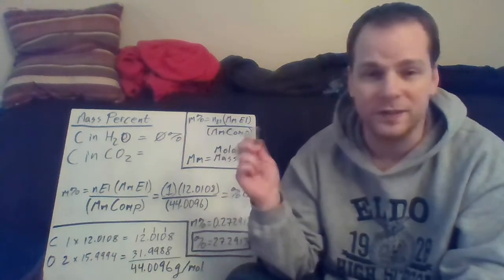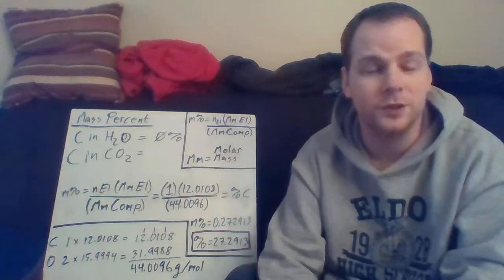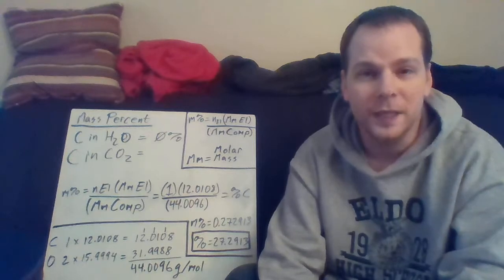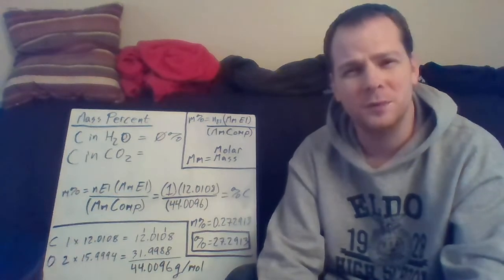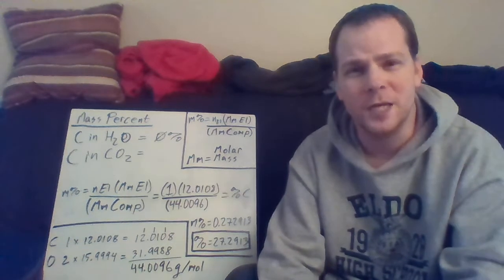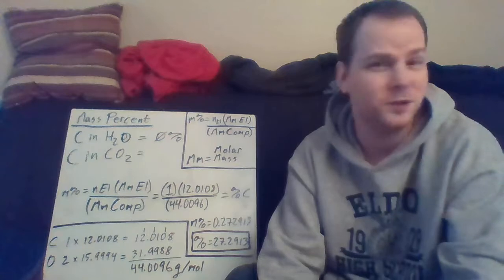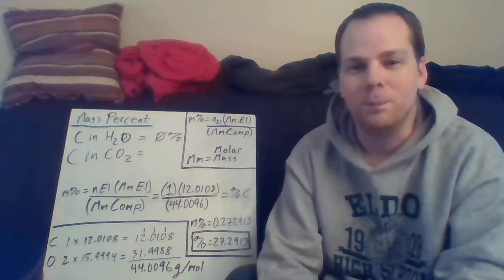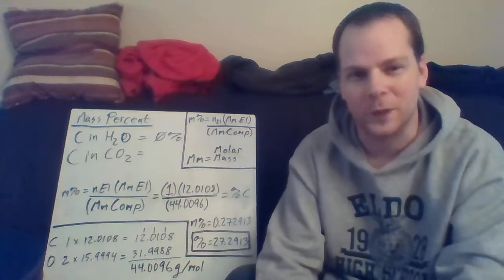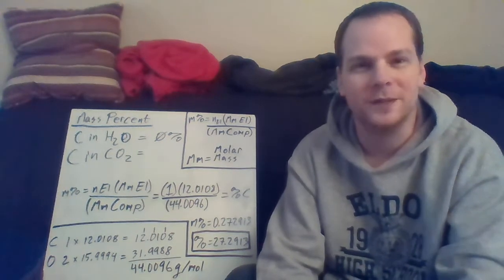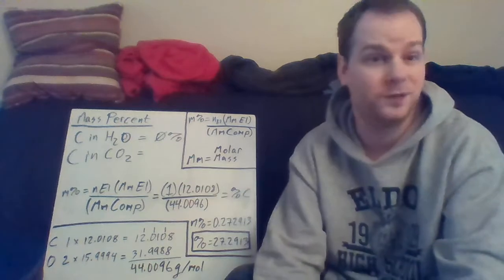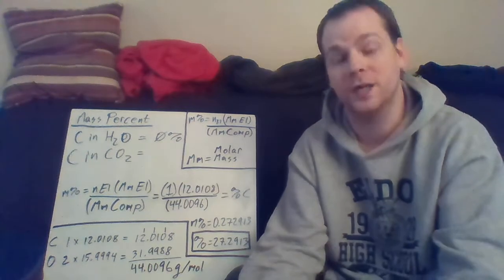As an example, I'm going to show you 2 calculations that involve carbon. I'm actually only going to show you one because the first calculation is just 0. Some people always forget that you don't have to do a mass percent for an element that's not actually in the compound.